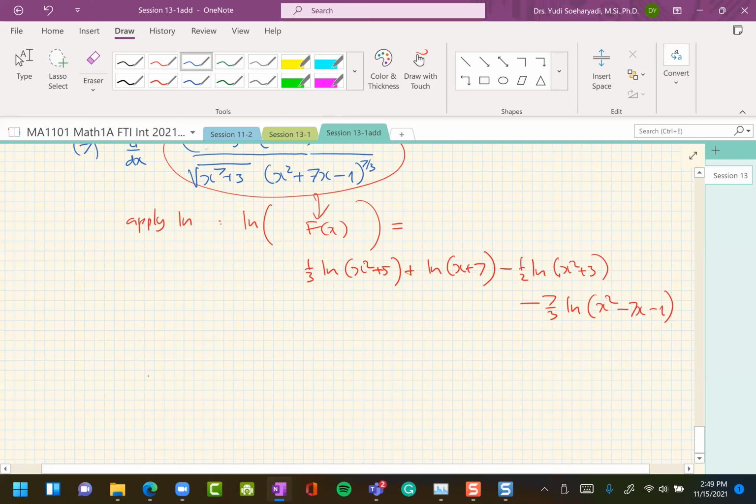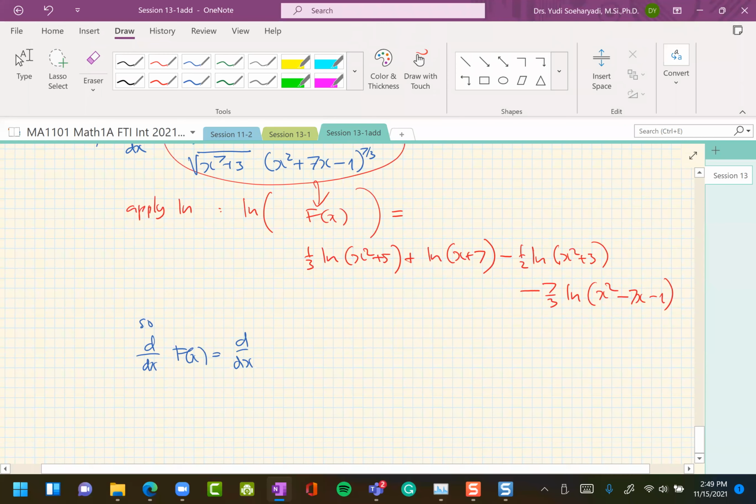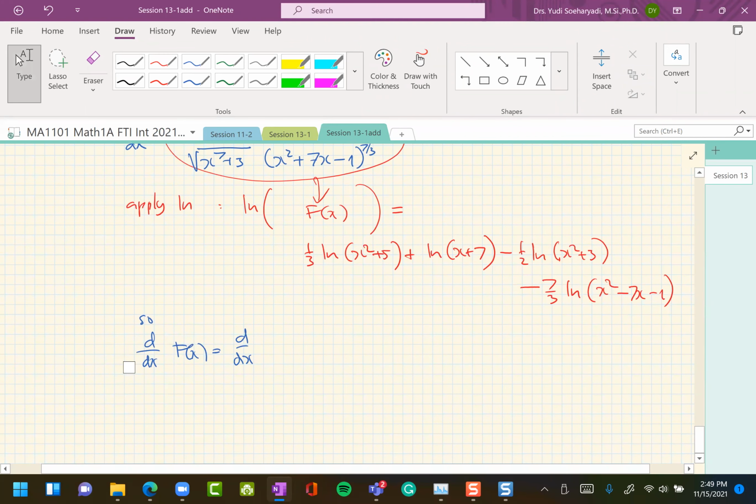Okay, so let's now take the derivative. We are not computing the derivative of f of x directly. What we compute here is d/dx of ln of f of x.